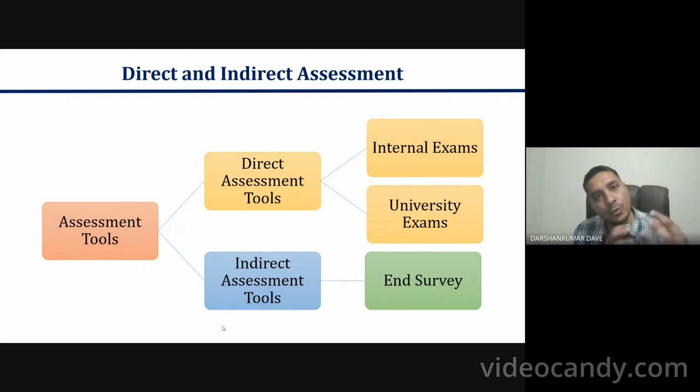They use these two only in the attainment of program outcomes. We at Paro University do the same practice. We do not do indirect assessment for the course outcomes, but we use both direct assessment and indirect assessment for the program outcome attainment. Right? So depending on your university, you have to select any option.